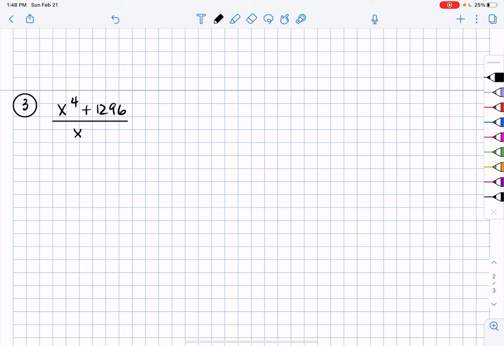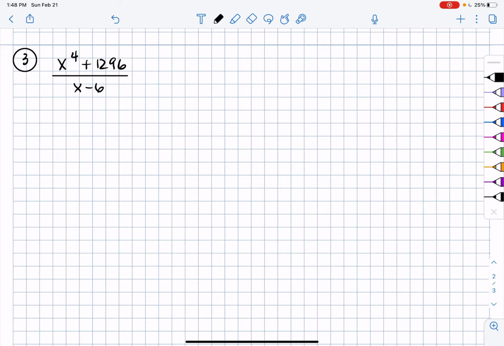Here is the biggest thing that you have to make sure you do when you write this out. If I put down x minus 6 here, I want to make sure that I have placeholders. What do I mean by placeholders?